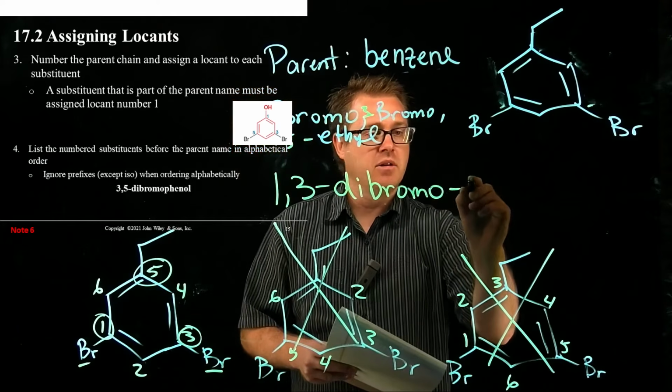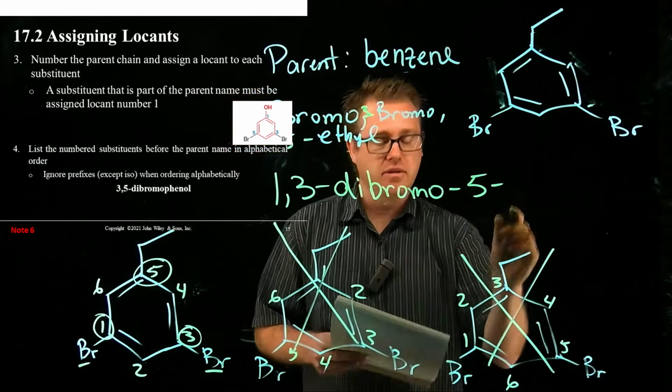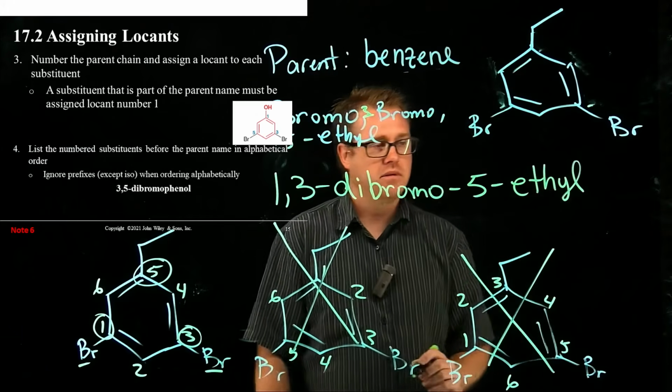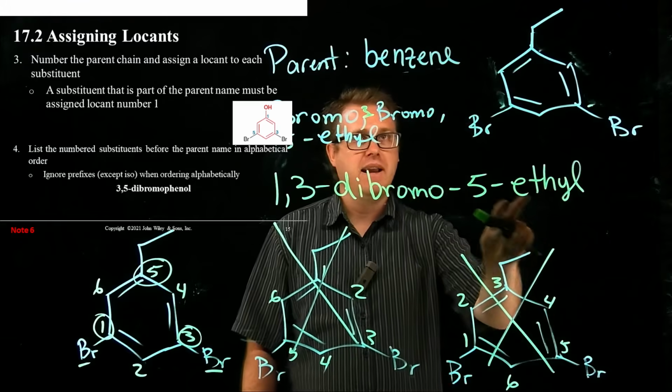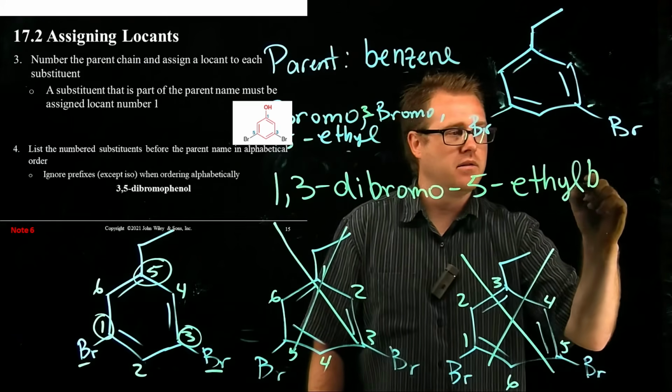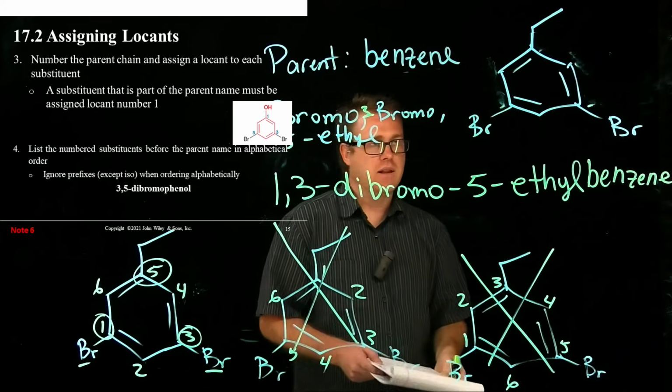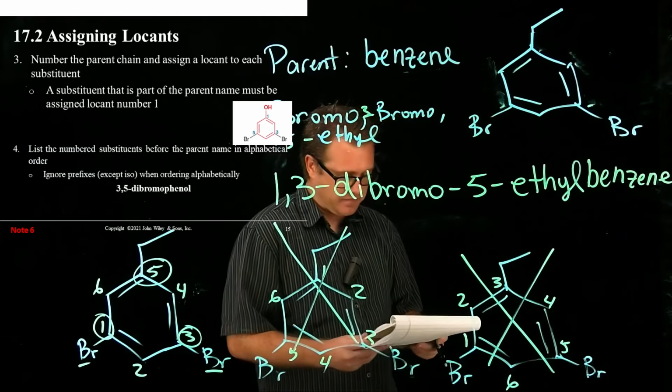We're adding another number because we need to tell us where the ethyl group is. Ethyl. And then what's the parent name? Benzene. So that's how you would name that molecule.